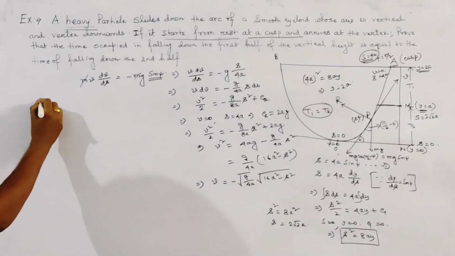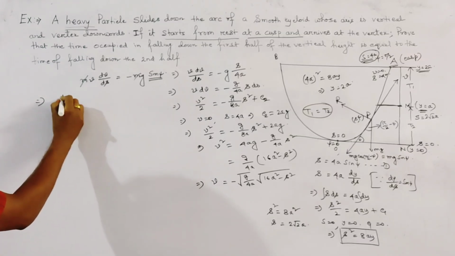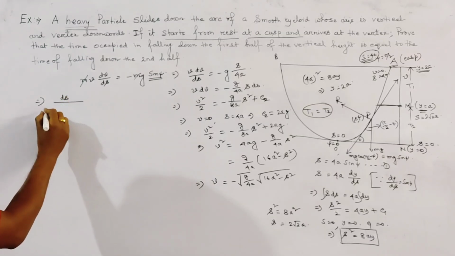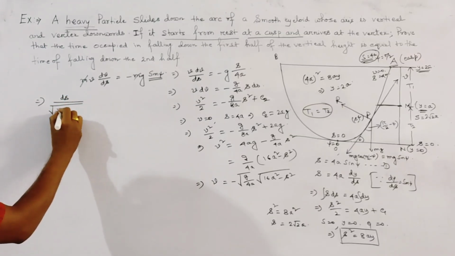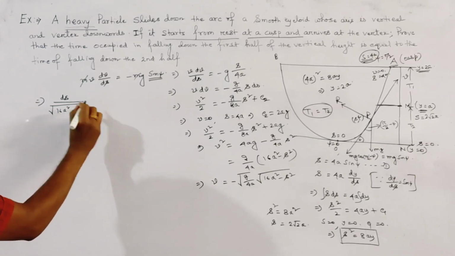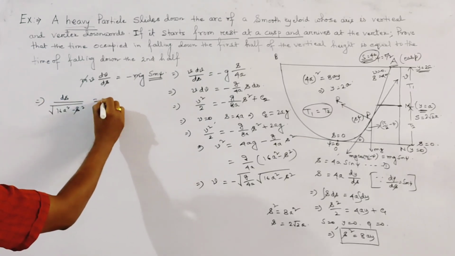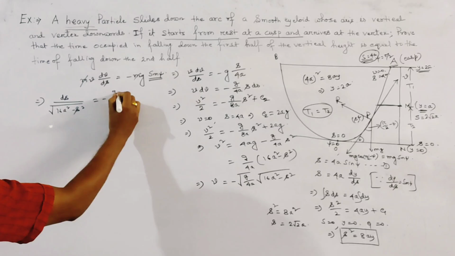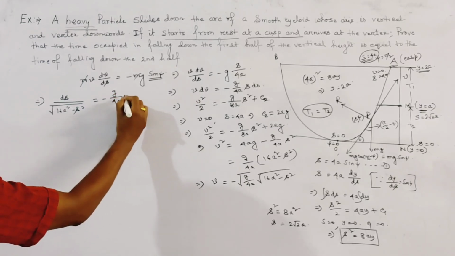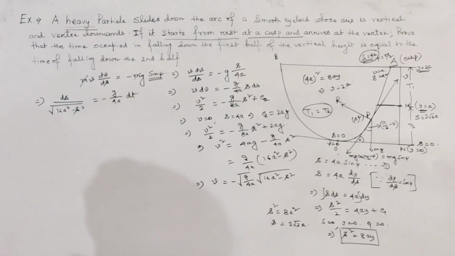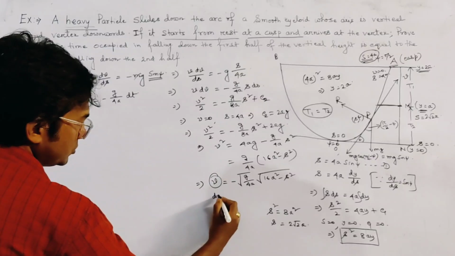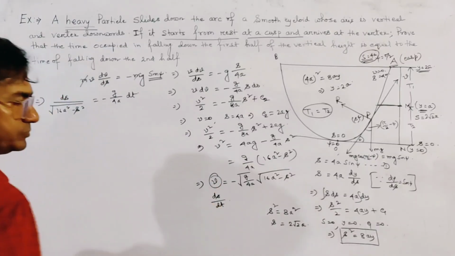Now we write from this relation ds by root under 16 A square minus s square equal to minus root g by 4a into dt, because v is equal to ds by dt.